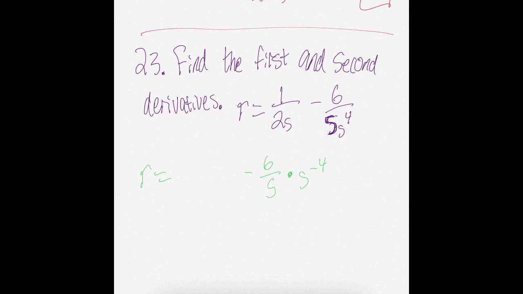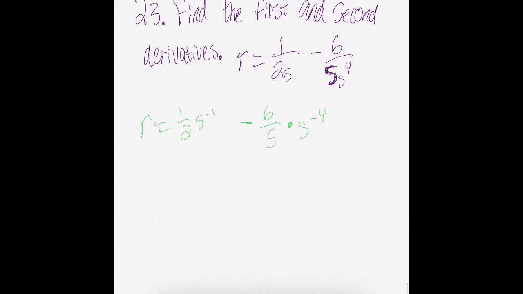And actually, let me go back and rewrite this first one as 1/2 s to the minus 1. That looks better. Now, to find the first derivative, we are going to apply the power rule.